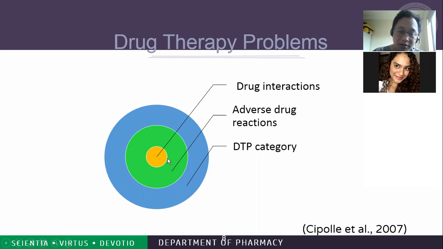So drug interactions are part of adverse drug reactions. Adverse drug reactions can be caused by one drug and can be caused by more than one drug. So you need to understand these basic concepts of adverse drug reactions.